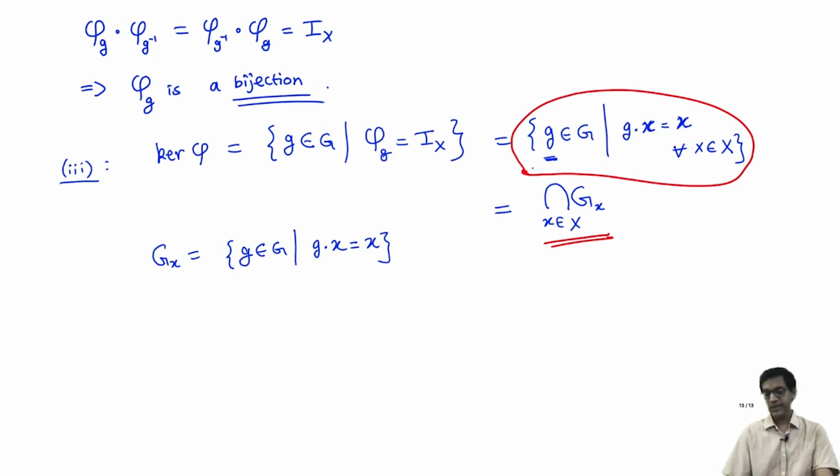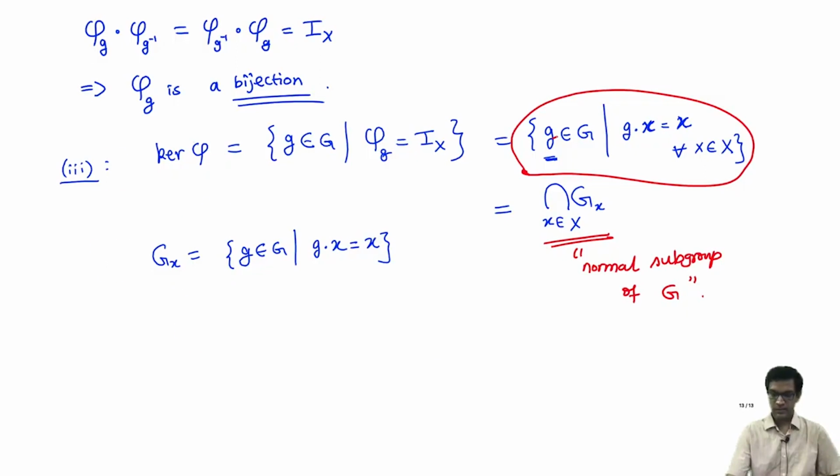So here's an interesting thing that we have formulated: if you take the intersection of the stabilizers of all the elements of the set X, then what you get is actually a normal subgroup, because it is the kernel of a homomorphism. Recall this must necessarily be a normal subgroup. And this is sometimes a very useful construction.